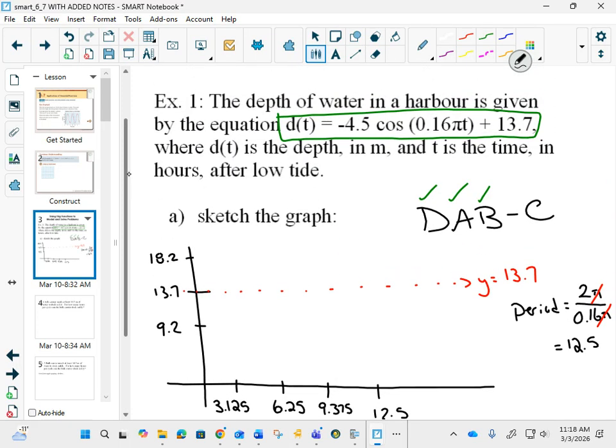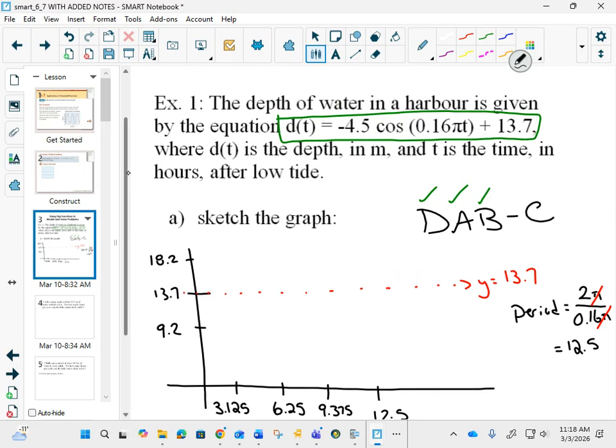Next, your C, graph it without a shift. But you may notice in this graph that there is no shift, right? There's no plus or minus anything here inside the brackets. So we really don't have to do the dotted line because we can just go straight to our graph. This is a cos graph. Cos graph normally starts at a maximum, but since it's a negative cos graph, we are going to start at the minimum.